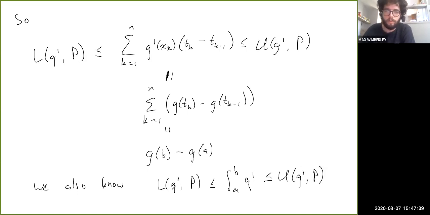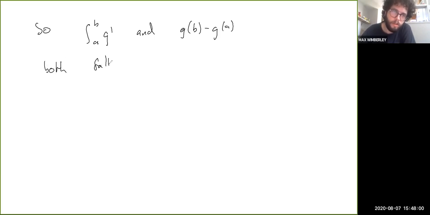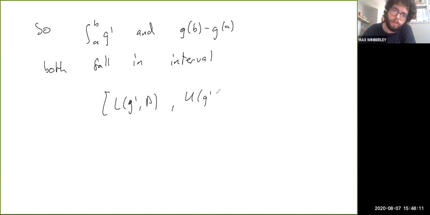So the integral from a to b of g prime and g of b minus g of a both fall in the interval from L(g prime, P) to U(g prime, P), which has length less than epsilon.